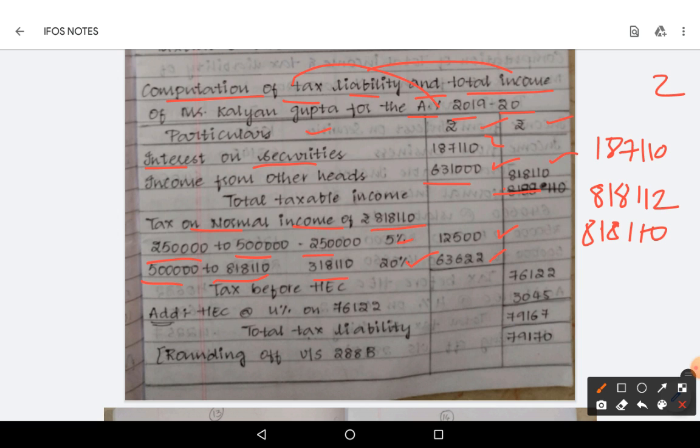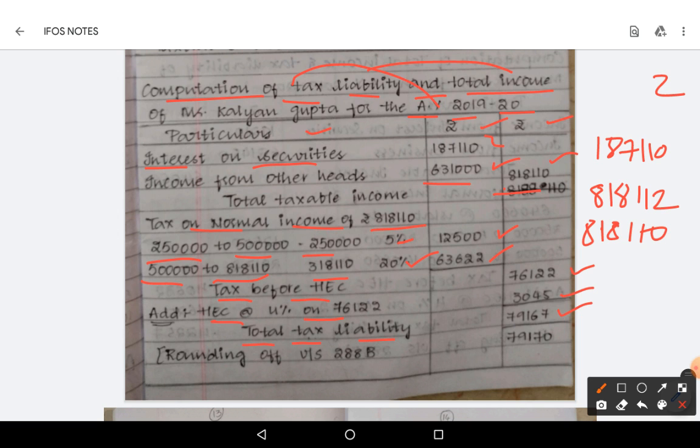63,622. So total tax before HEC 76,122. HEC at the rate of 4%, 3,045. Total tax liability 79,167.